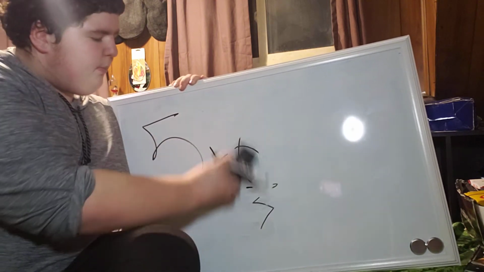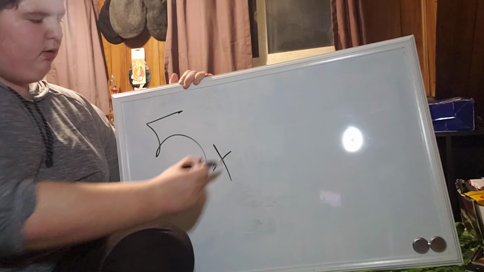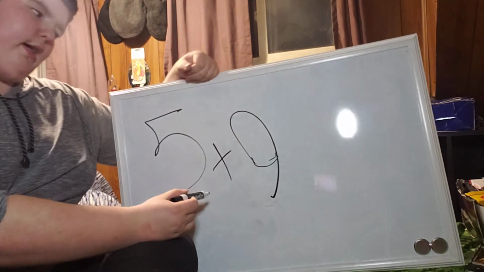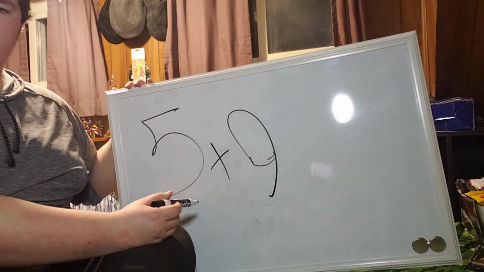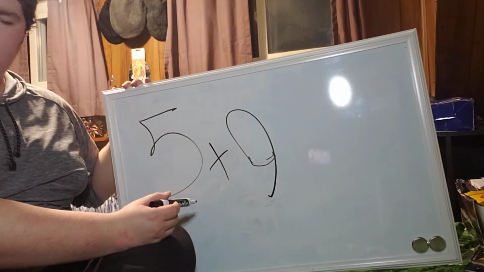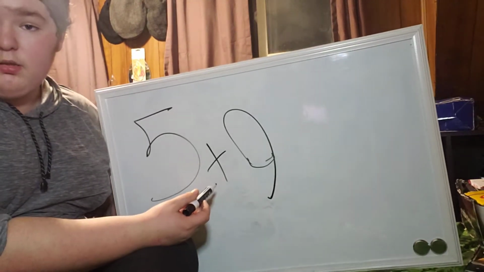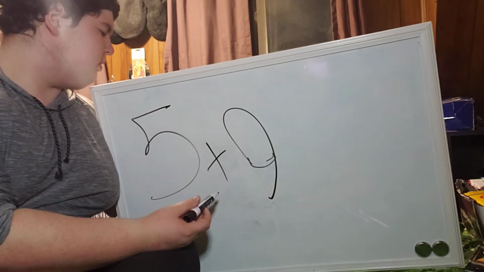But if it's an odd number, like 9, let's go with 9, all you have to do is go to the closest number that's even. For example, you could do 8 and then just add 5 when you're done.